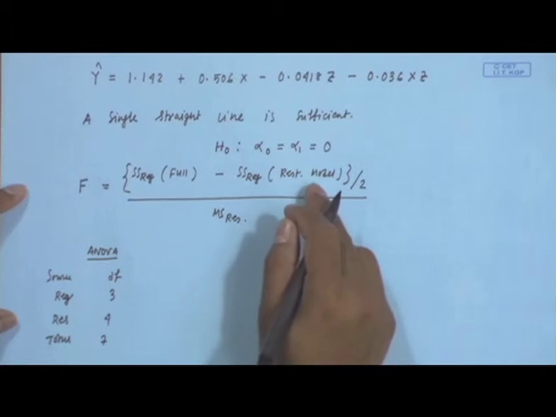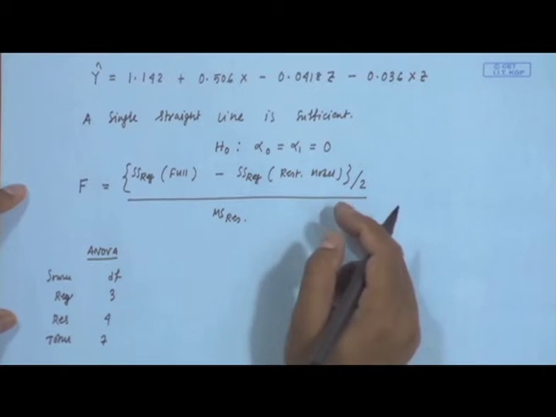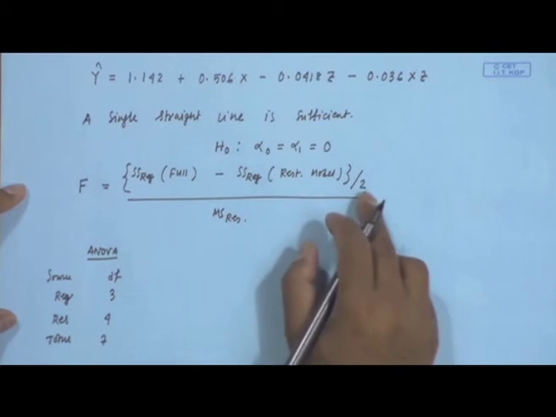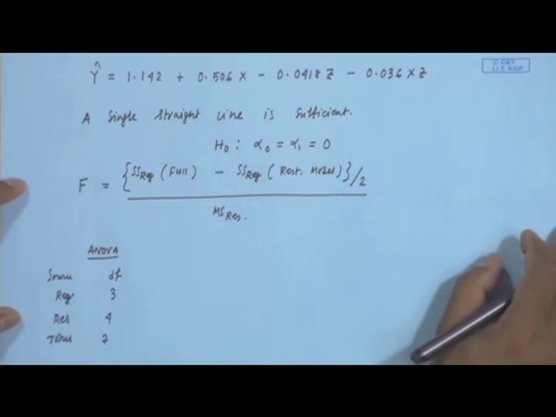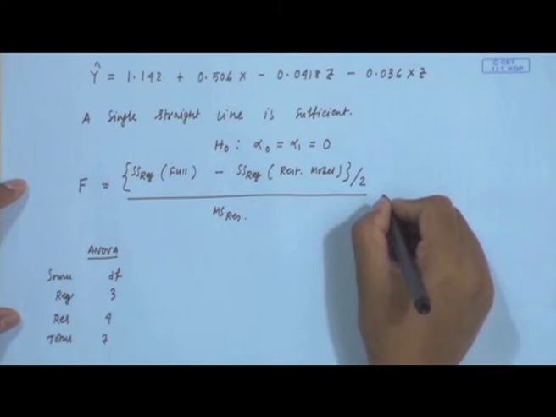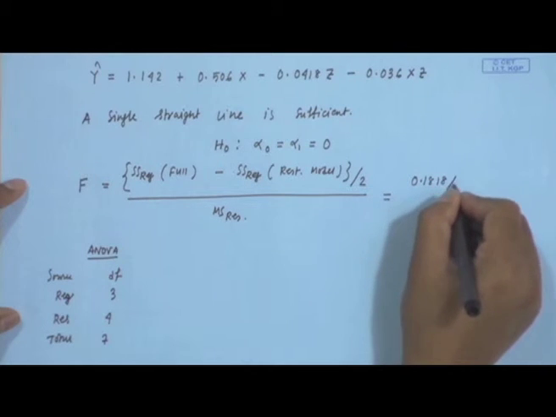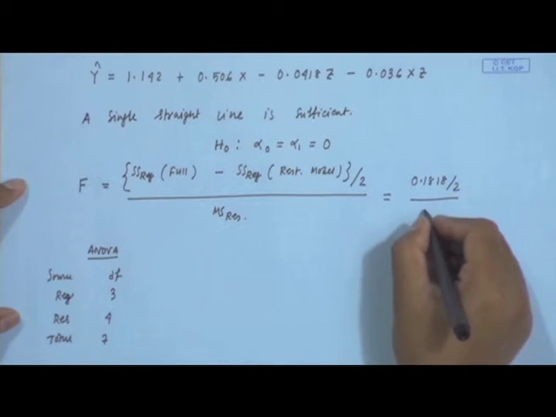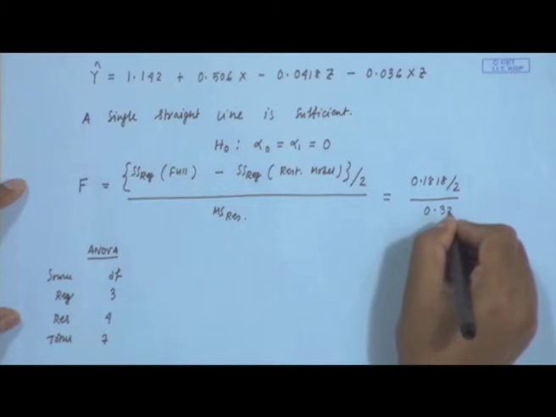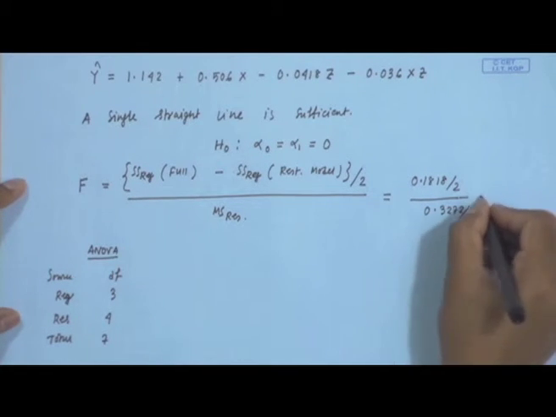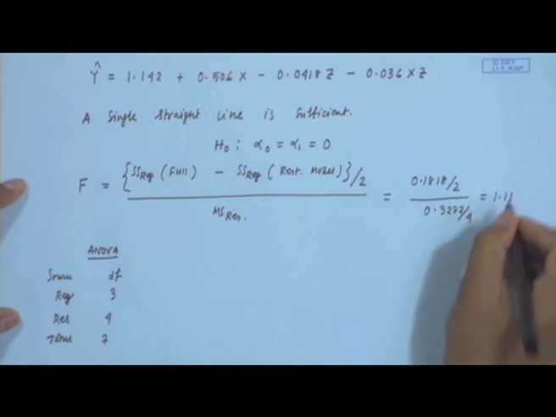Okay. Now, the restricted model has only 2 parameters. So, this will have degree of freedom 1. So, 3 minus 1 is equal to 2, and you can check that this is equal to 0.1818 by 2 by MS residual, which is 0.3272 by 4, which is equal to 1.11.